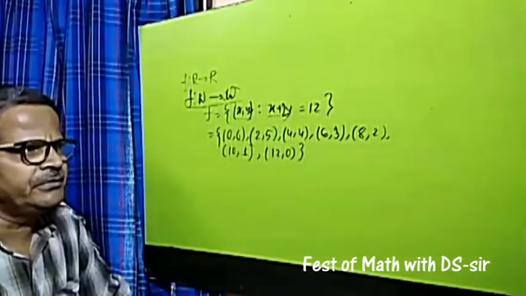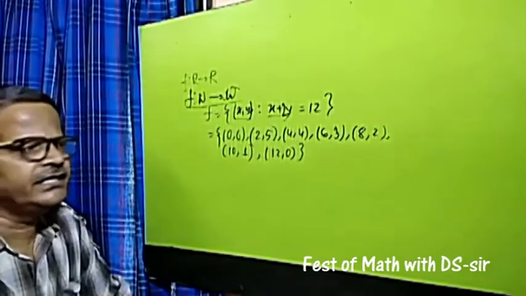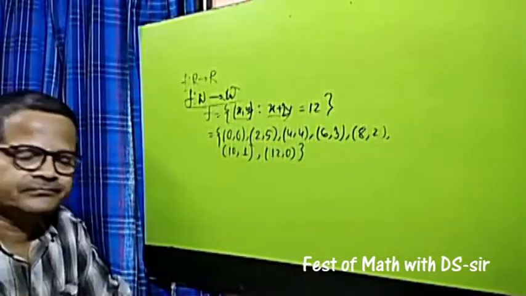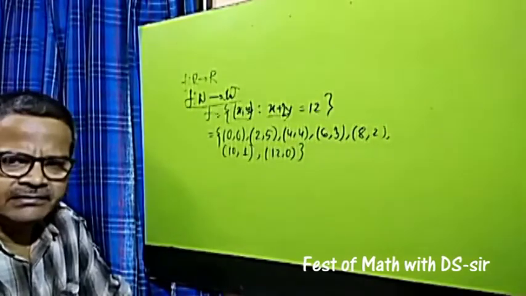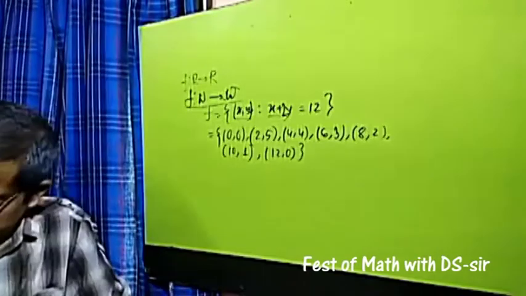So the domain will be 0, 2, 4, 6, 8, 10, 12 and range will be 0, 1, 2, 3, 4, 5, 6. Clear? These kinds of sums you have to face.